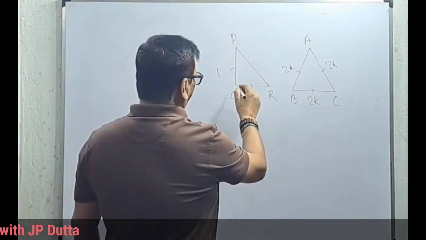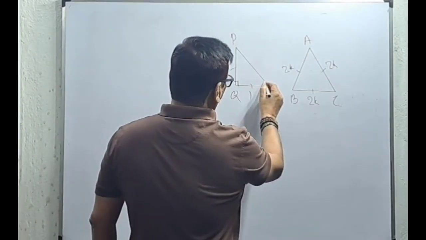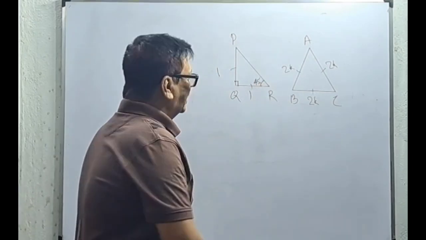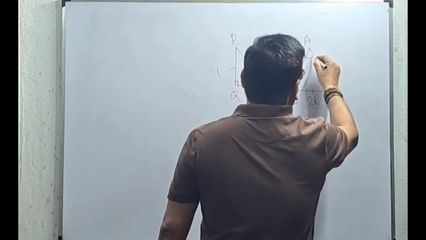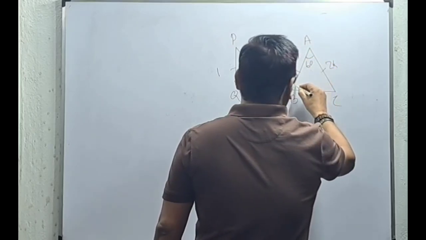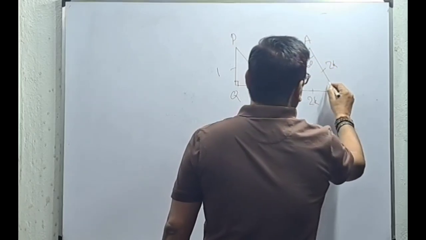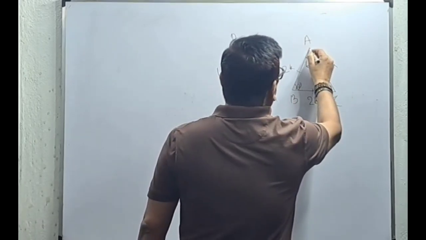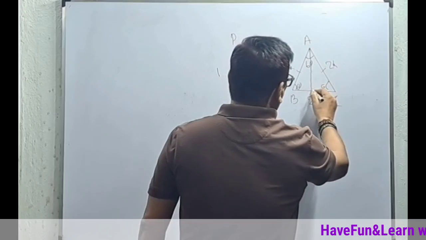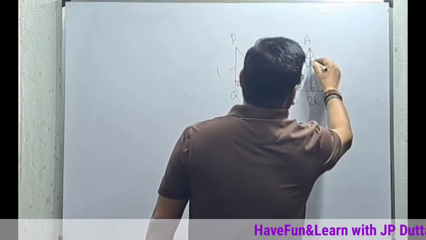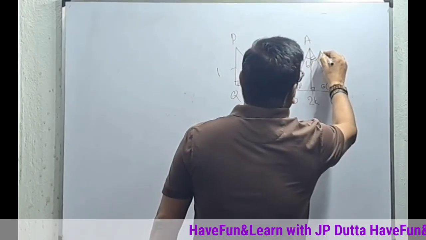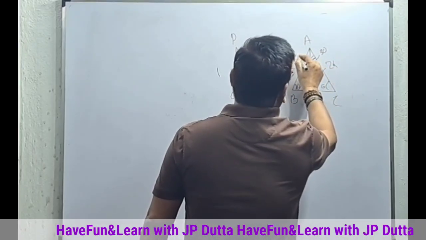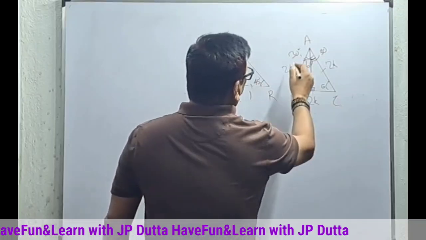Now since it's a right angle triangle at E, this has to be 45 degree. Correct? And this is an equilateral triangle, all angles are 60 degree. Okay? Now if we drop a perpendicular from here, this is 90 degree, this is bisected. This is 30 degree and this is also 30 degree.